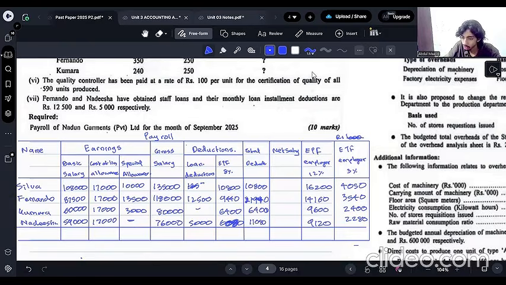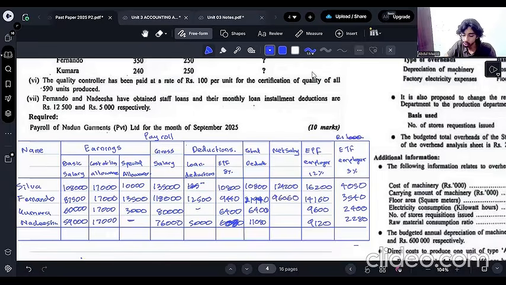We'll find the net salary also. Gross salary minus total deductions, net salary. Silva 135,000 minus 10,800, you get 124,200. Then Fernando, gross salary 118,000 minus deductions 21,940, that will be 96,060.